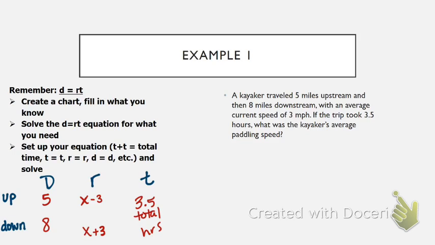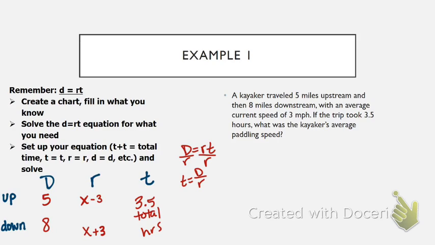All right, so now here's where we care about d equals rt. Distance equals rate times time. Their time took a total of 3.5 hours. So the more important information for us is time equals distance divided by rate.